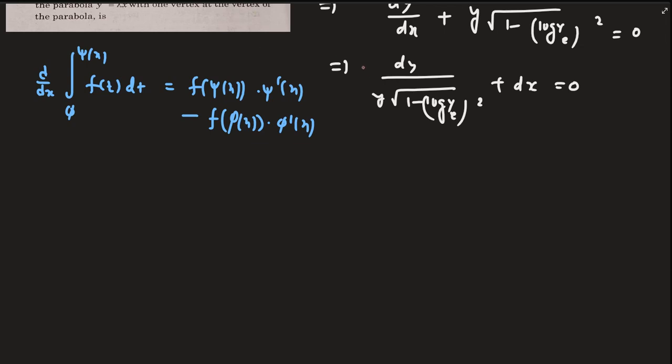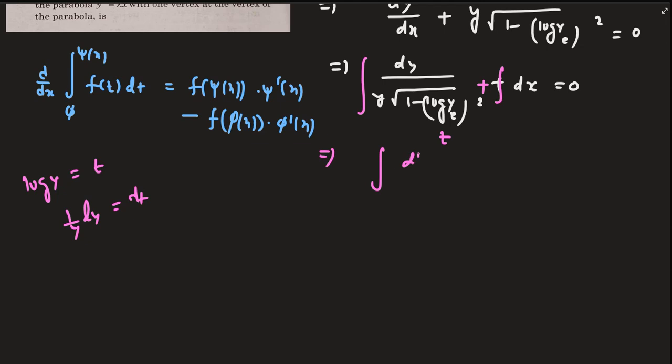So now if you do the integration, this is a plus sign. Here we can apply the substitution, put log y equal to t. So 1 by y dy is equal to dt.